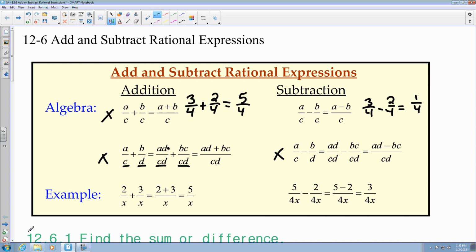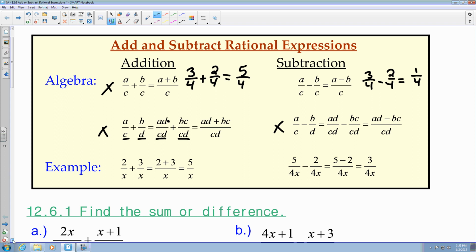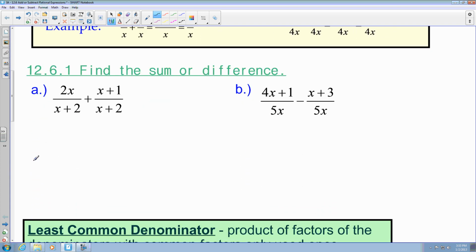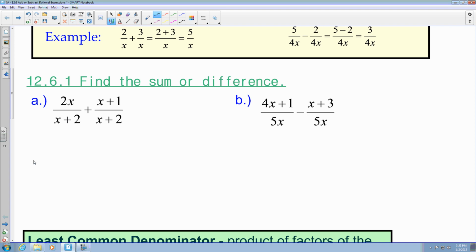Okay, let's go over some of the examples. For examples A and B, we are just trying to find the sum or the difference in our expressions. So if we have 2x over x plus 2 plus x plus 1 over x plus 2, I see that they share the same denominator.